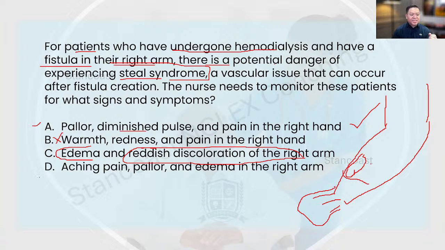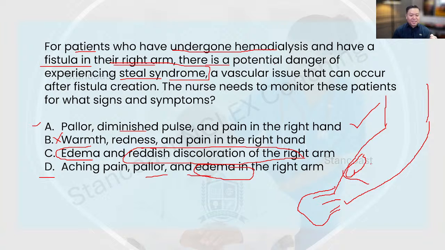Okay. Letter D, aching pain, pallor, and edema in the right arm. So what is that? Well, if we're going to talk about aching pain and pallor, this can possibly be a symptom of the steal syndrome. However, the edema as an additional manifestation makes it wrong.